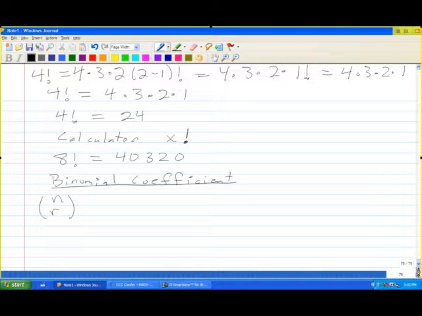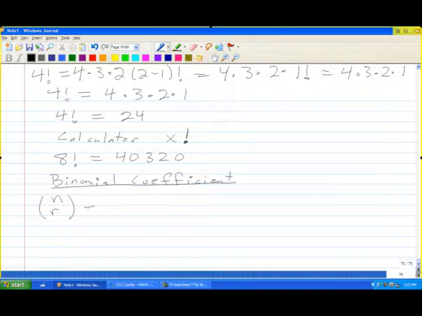So it is not N divided by R. That's not what I'm writing. I am not putting a line there. So it is not N over R. It's just an N floating above an R in parentheses.